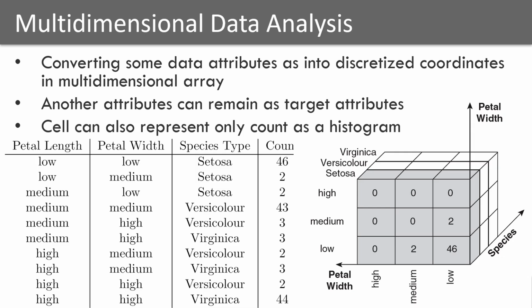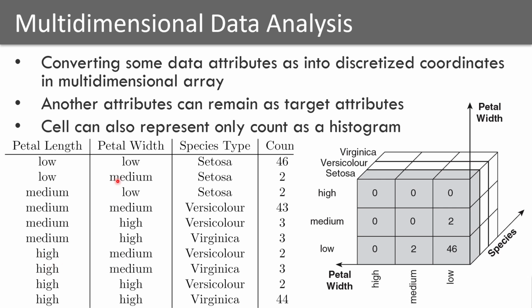These attributes are about the length of these individual parts of the flower. So it's not like coordinates in a 2D space as we would be used to, for example, in observing some part of the Earth or a map in general, but we will turn this problem partially into a map. And here we can see that we are actually turning these data attributes into discretized coordinates in a multidimensional array.